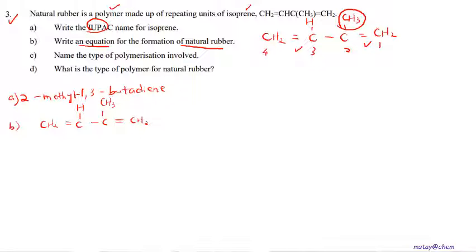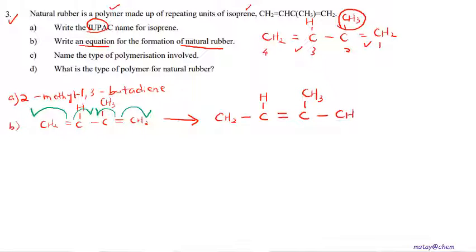As we know, this alkene will undergo addition polymerization by breaking down the double bond. So 1 electron over here, 1 electron over here, and then 1 here, and another 1 here. So we end up with the structure CH2, the double bond will become a single bond, and then CH single bond becomes double bond, CH3, and the double bond becomes single bond CH2.